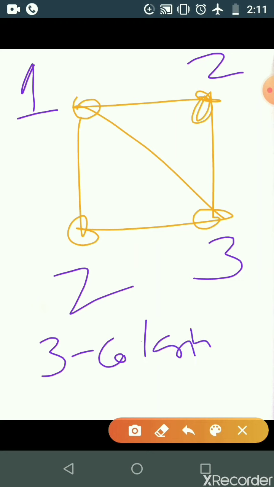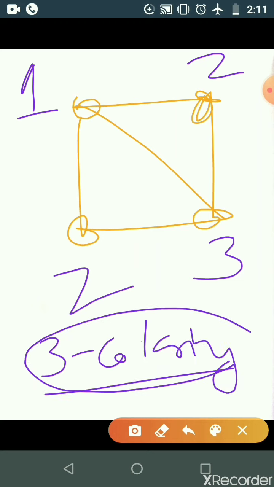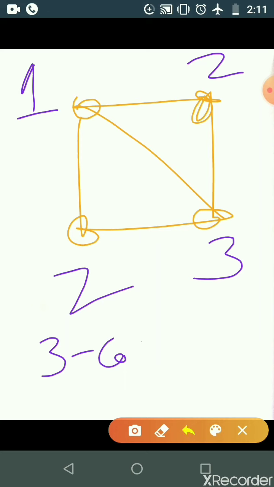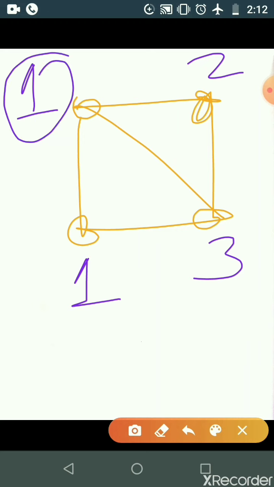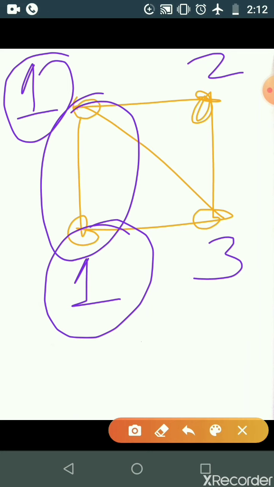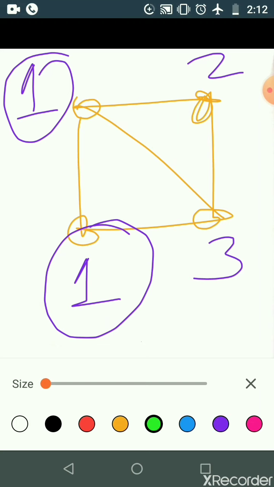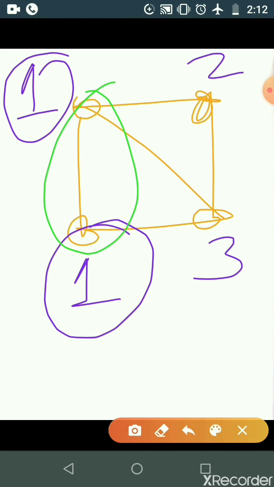Okay, so a 3 coloring exists, and you can say this coloring is a proper 3 coloring. And if you use 1 here, then you can't say this is a proper coloring. Correct? Because here these vertices are adjacent and still we have colored them by the same color.